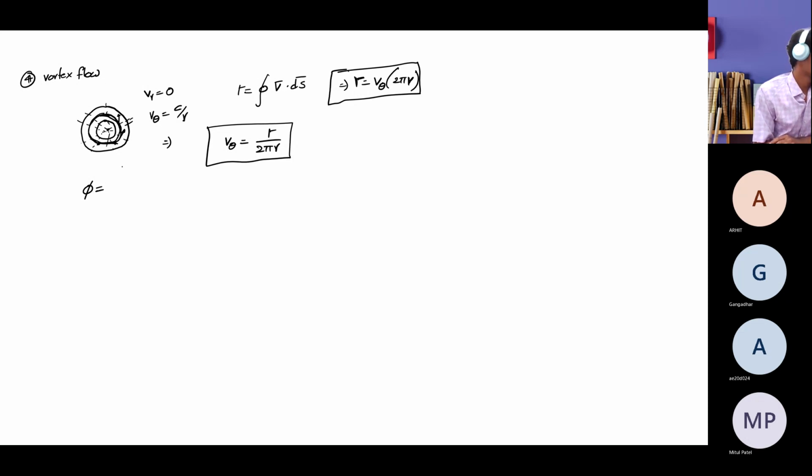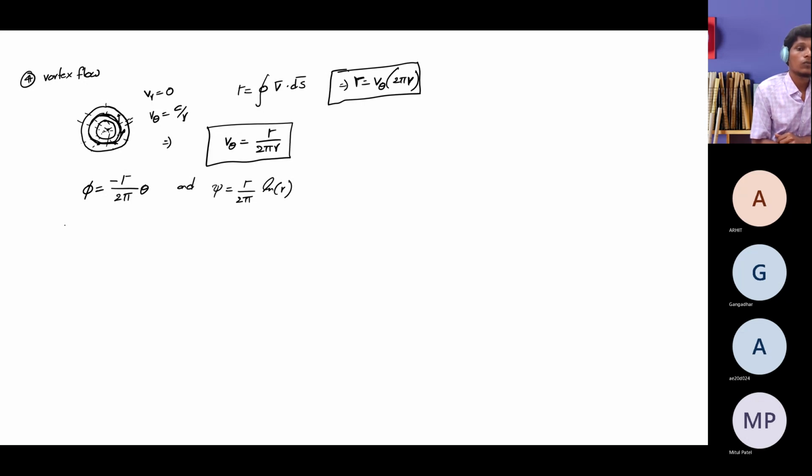Then the formal equation that came out for this vortex flow is potential function phi equals to minus gamma by 2 pi theta. Okay, and stream function psi equals to gamma by 2 pi ln of r.